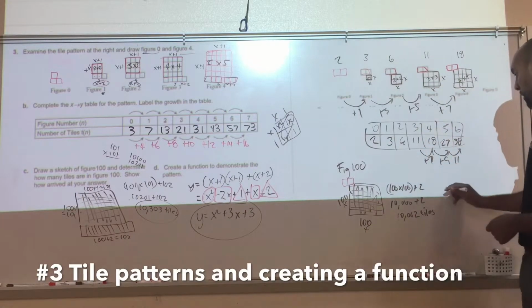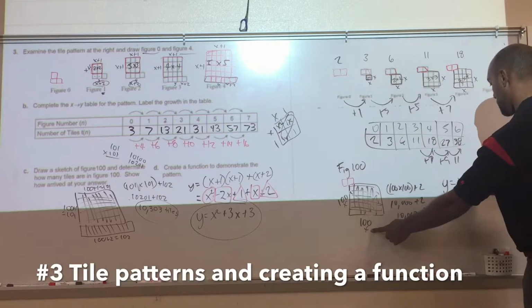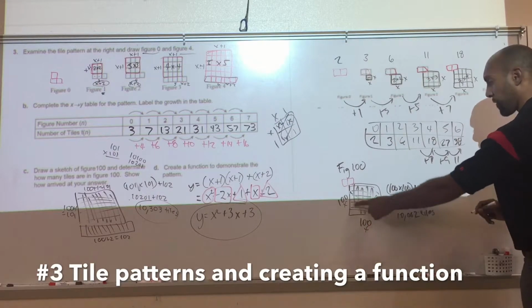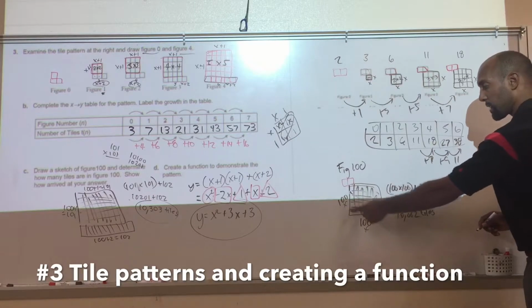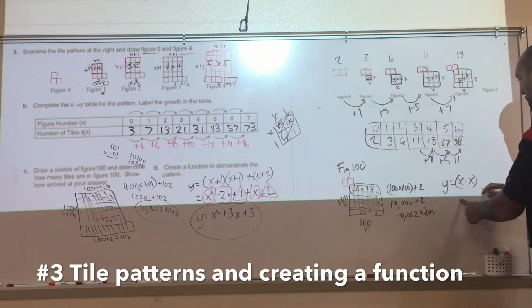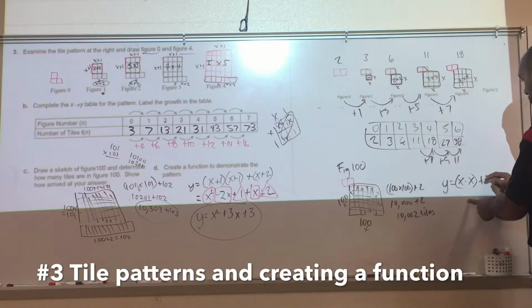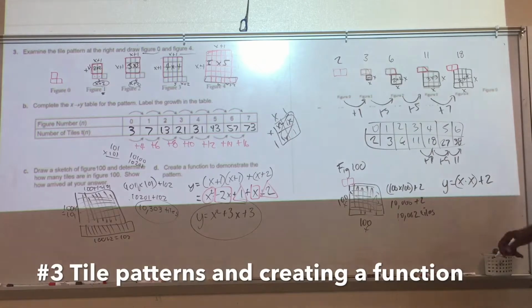So the first part of our function is x times x, because to figure out the total I had to do one side times the other, 100 times 100, so x times x. And then I had to add these 2 on the side, so it's plus 2. So now x times x is x squared, plus 2. And there's my function for that one.